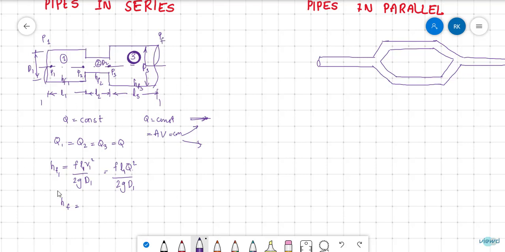So there is a pressure drop, and that total pressure drop is equal to HF, which is equal to P1 minus PF divided by rho G. So HF is equal to F L1 Q square divided by 2G D1, plus F L2 Q square divided by 2G D2, plus F L3 Q square divided by 2G D3.